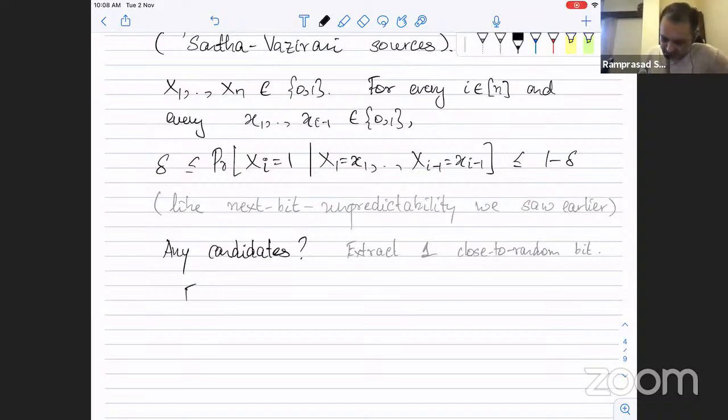Suppose I did the following: the extractor of x1 through xn is just the parity of the xi's. Can this be an extractor, or does someone have a counterexample?